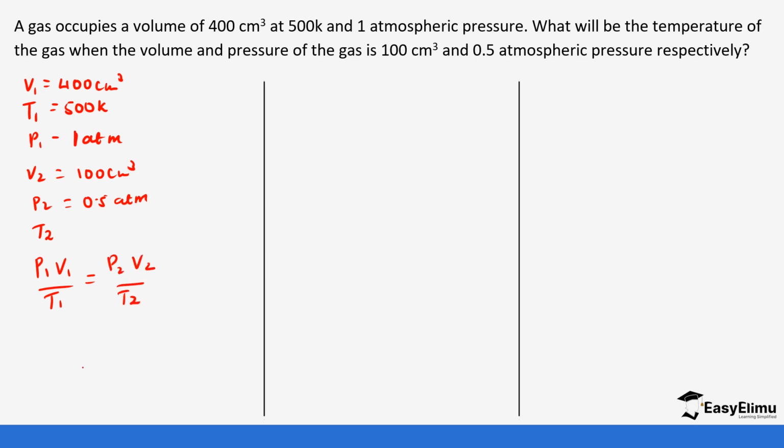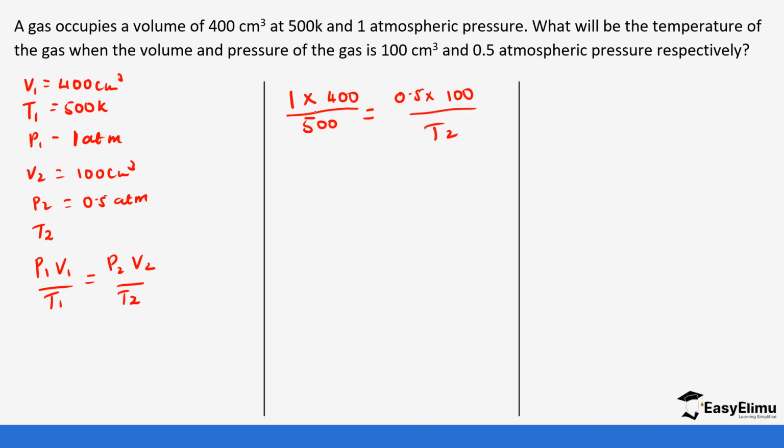So we input our values. P1 is 1 atmosphere, V1 is 400, divided by T1, which is 500, is equal to P2, which is 0.5, times V2, which is 100, divided by T2.